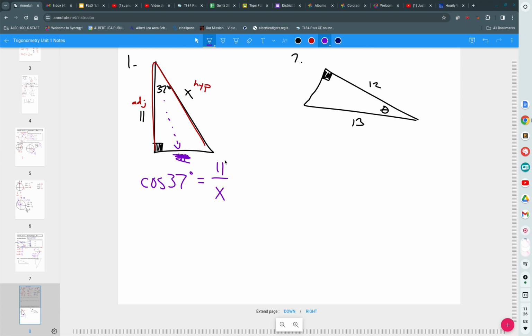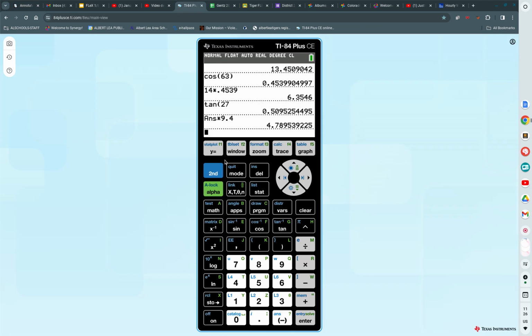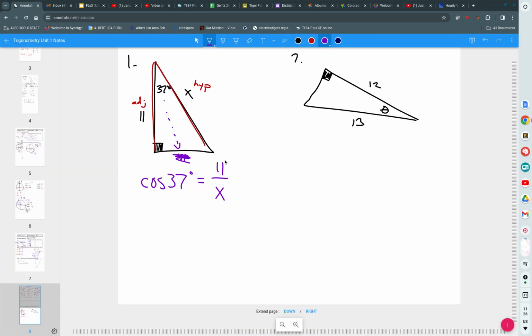We go ahead and make a decimal. I got the cosine of 37, and I get 0.7986. So 0.7986 over 1 is equal to 11 over x.